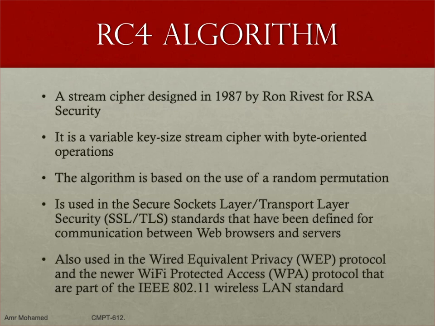This is RC4. It's a stream cipher designed in '87 by Ron Rivest for RSA Security. It has a variable key size and variable plaintext, with no restrictions on the key size or the plaintext. It can be used as part of WEP, and also as part of SSL and TLS, but SSL and TLS deprecated the use of RC4 a long time ago.